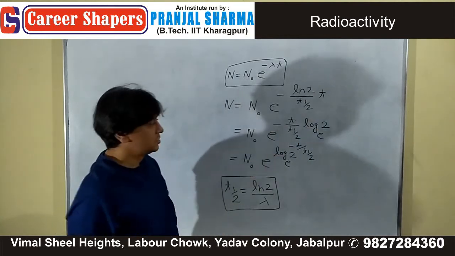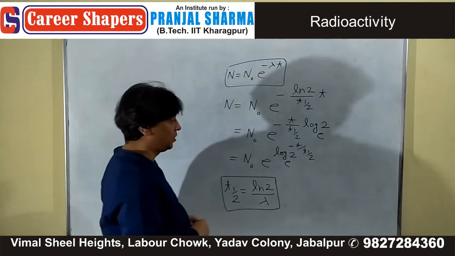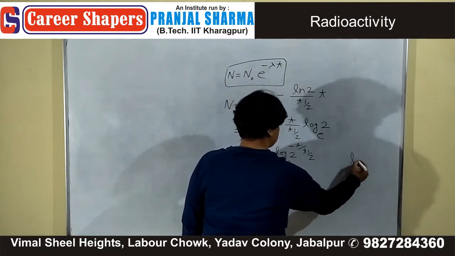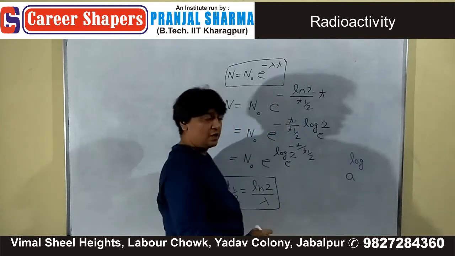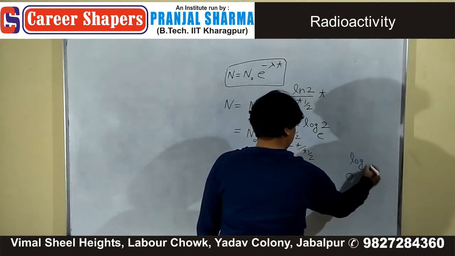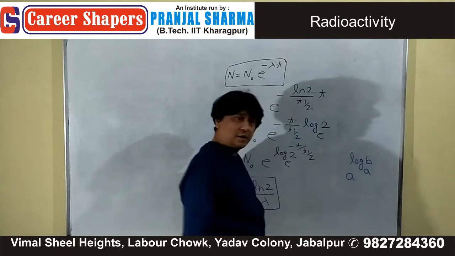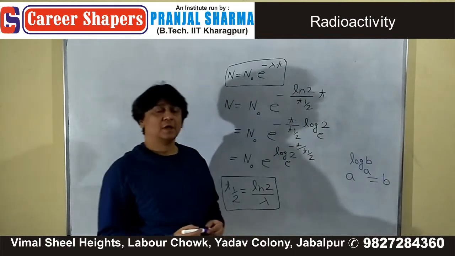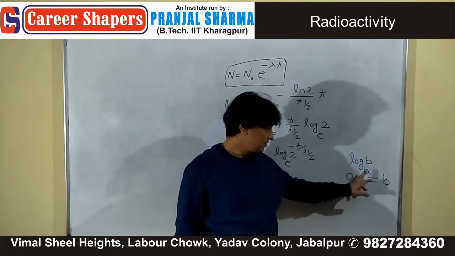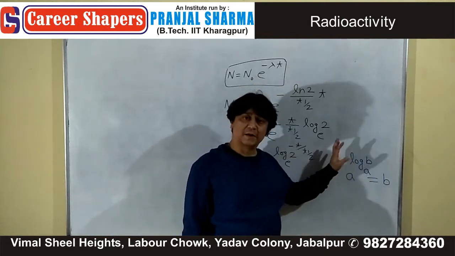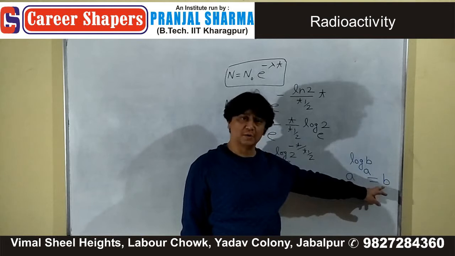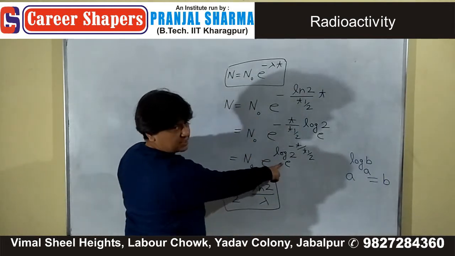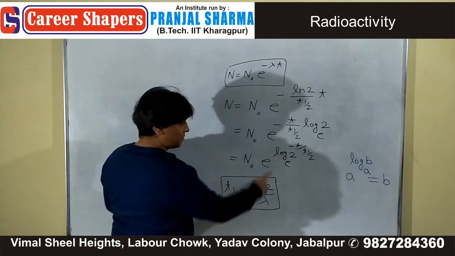Now once you do this, again you have a property of log, and this property of log says that a to the power log base a b is equal to b. If this is a, this is a, this is b, then forget about log and your value is simply b. In this case, you can see that this is e, and therefore you can forget about log.